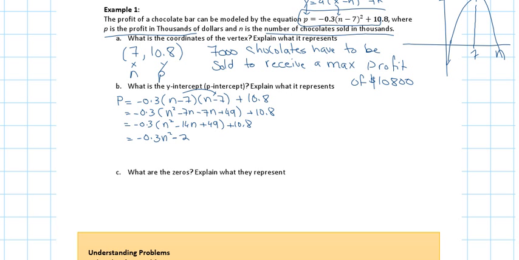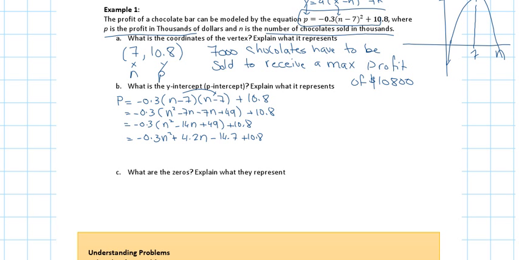That's going to be plus 4.2n and minus 14.7 plus 10.8. So what I did right now is I multiplied that negative 0.3 in.